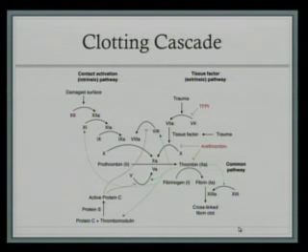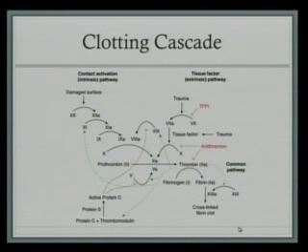The anticoagulants that we're talking about are the vitamin K antagonists. These are the ones that target the vitamin K dependent factors, which are 2, 5, 7, and 9. Heparin binds to antithrombin and helps potentiate its effect.